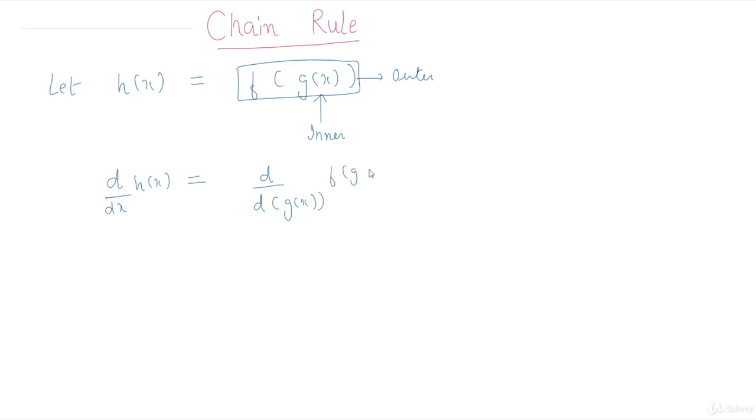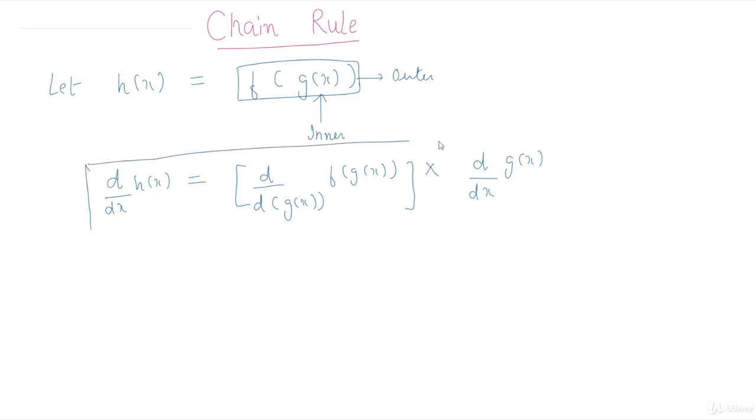Then multiplied by the differentiation of the inner function, that is g of x, with respect to the parameter on which it is defined, which is x here. So in this case, it is d by dx. So we will differentiate this g of x with respect to x, and this defines the chain rule.